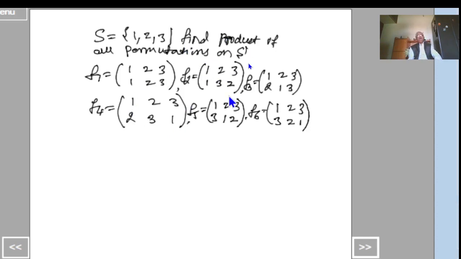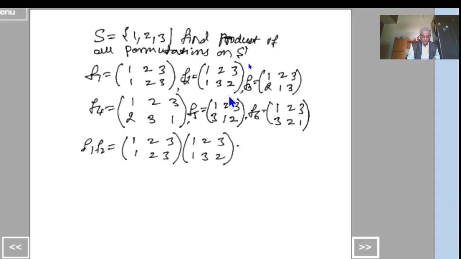Now we find the products one by one. F1, F2: F1 is 1, 2, 3, 1, 2, 3 and F2 is 1, 2, 3, 1, 3, 2. Here 1 goes to 1 and then 1 goes to 1, so finally 1 goes to 1.